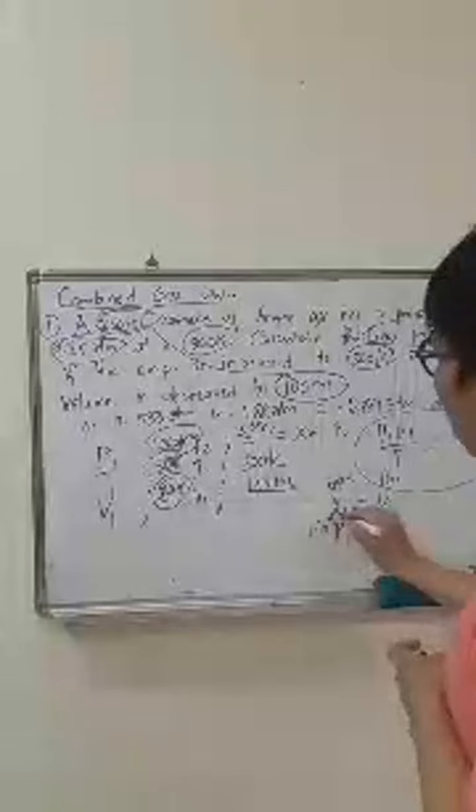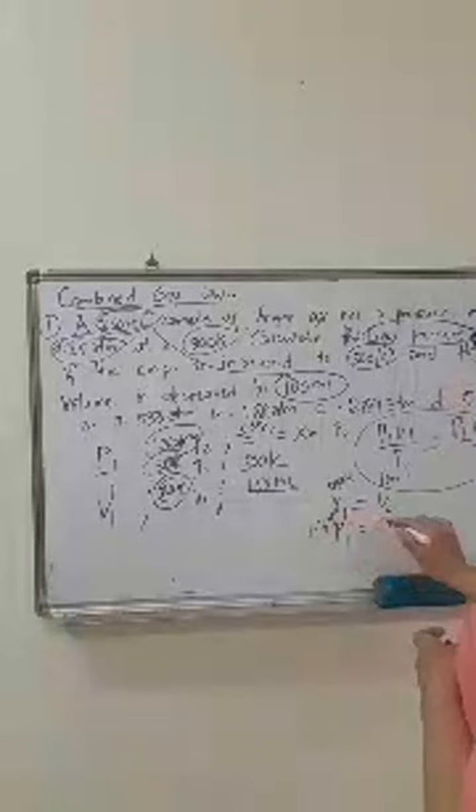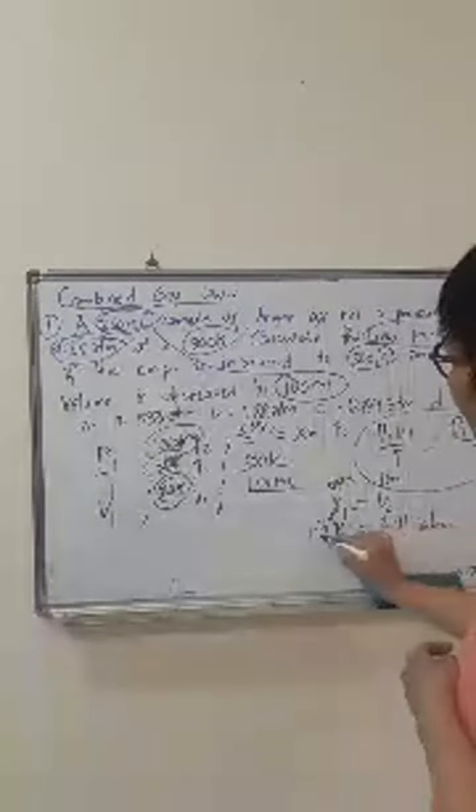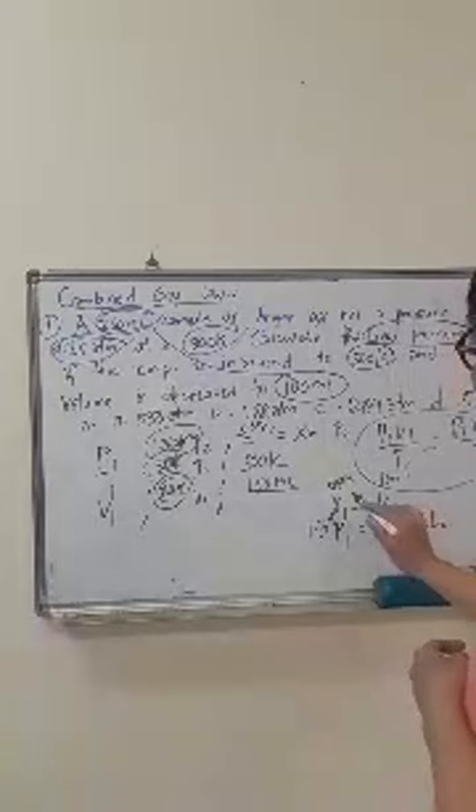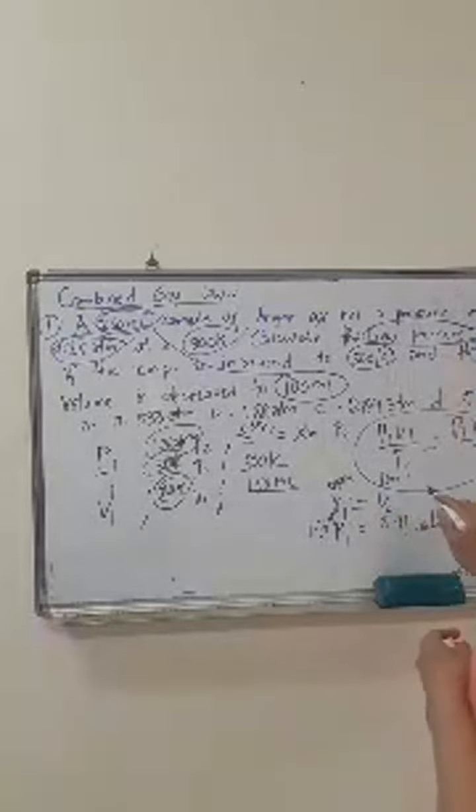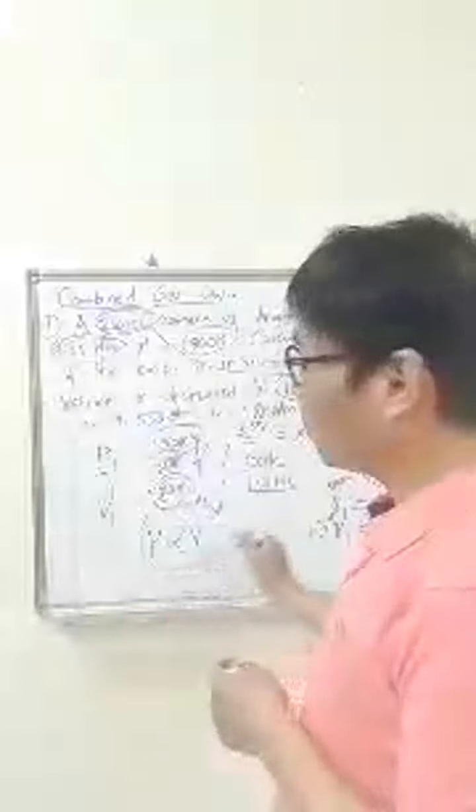We have P2, and we also have P1. Our P1 is 1.25 atmosphere, and our P2, which we already obtained, is 5.21, so it increased. The pressure is increased from 1.25 to 5.21, and the volume is increased also. Meaning to say, it is directly proportional, the pressure and the volume, dependent on each other.